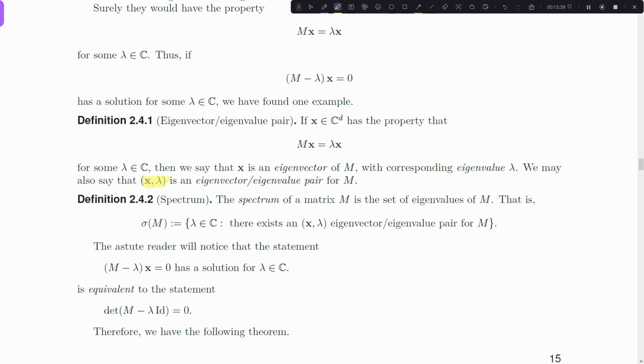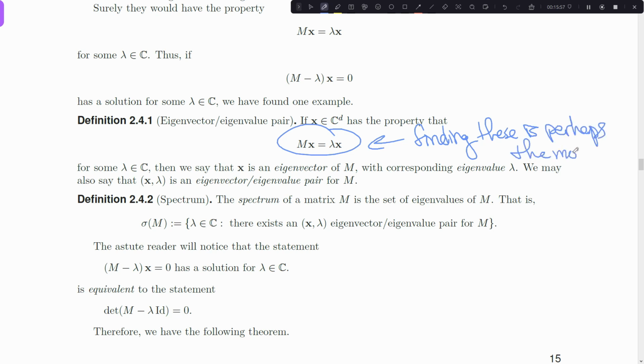Okay, but the real question is, how do you find these, right? Defining it's one thing, finding them is the other. So I'll say finding these is perhaps the most important part of linear algebra, but honestly, a lot of other math.